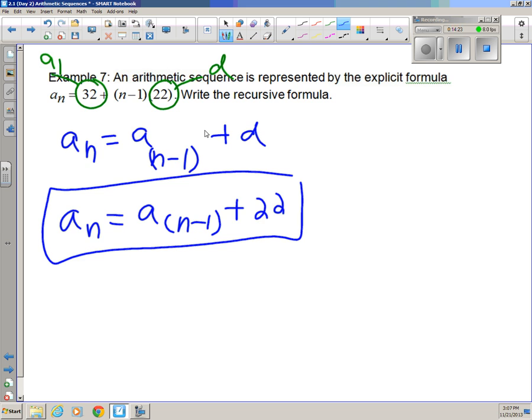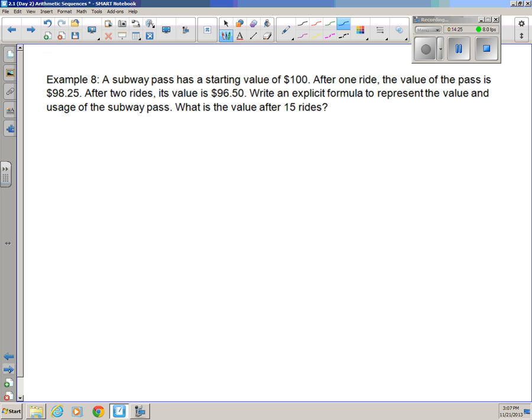All right, one more example. A subway pass has a starting value of $100. After one ride, the value of the pass is $98.25. After 2 rides, the value is $96.50. Write an explicit formula to represent the value and usage of the subway pass. What is the value after 15 rides? Well, let's think about this.